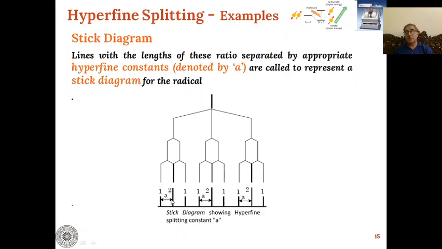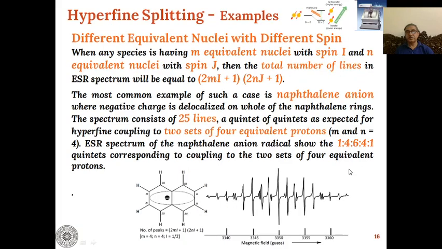As we have seen, if there is one magnetically equivalent nuclear radical, then we will have 1:1 intensity. When we are having two, then this will be 1 is to 2 is to 1, because the orientations will be like this: these two lines will become degenerate, because these two would give rise to 4, but the energy of these two will be the same.